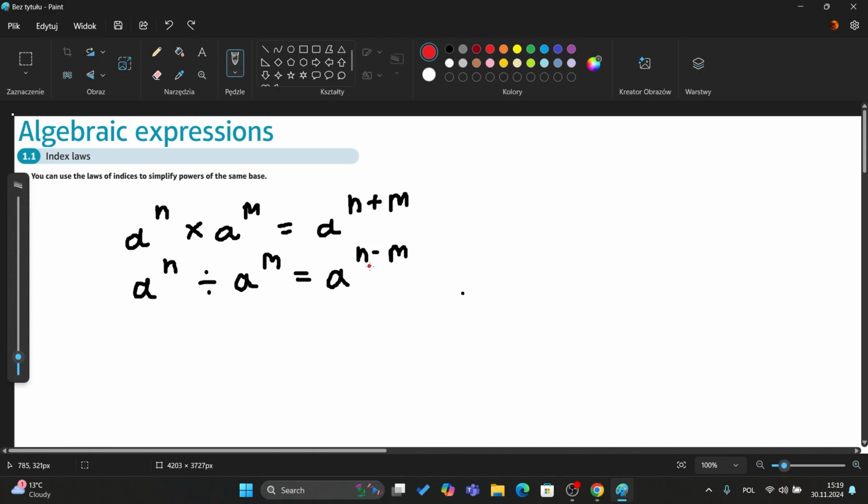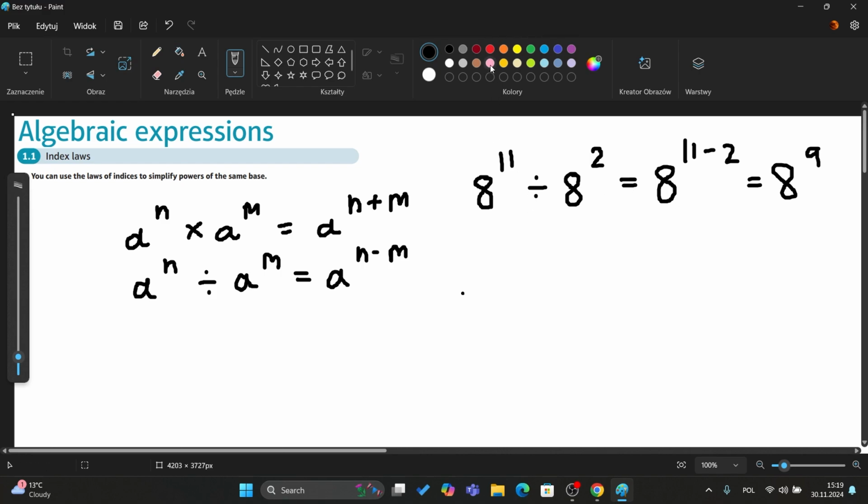So for example, 8 to the power of 11 divided by 8 to the power of 2 is the same as saying 8 to the power of 11 minus 2, which is 8 power 9. This is because we have the same bases and we have division, which means we subtract the powers of the same bases.